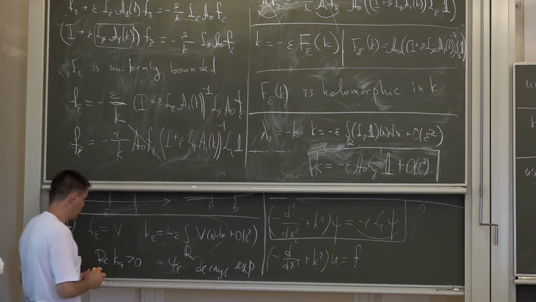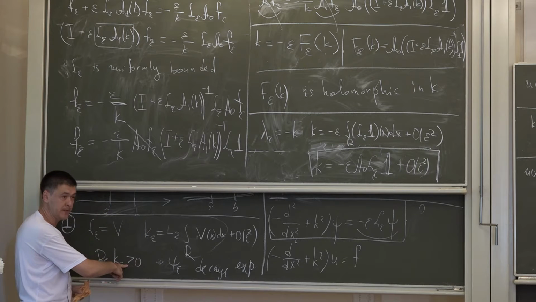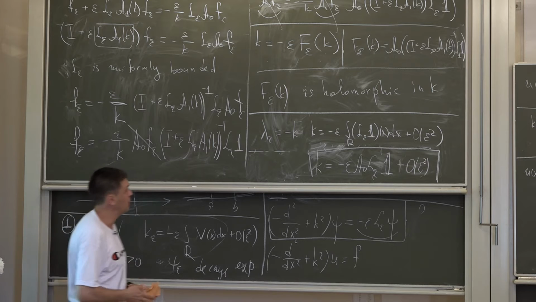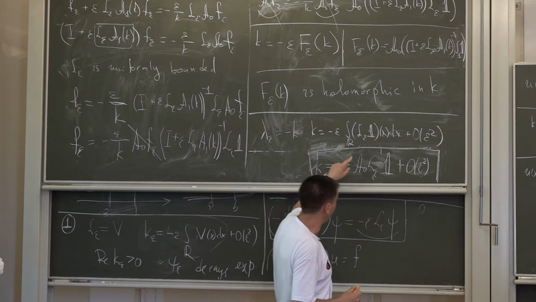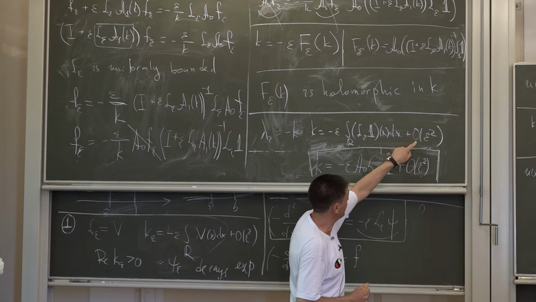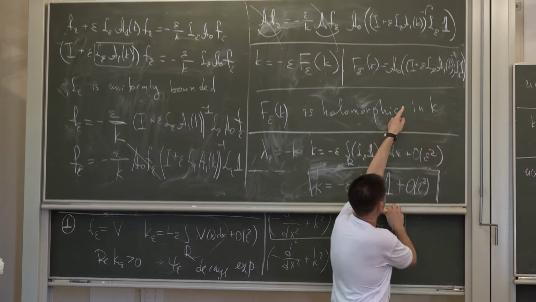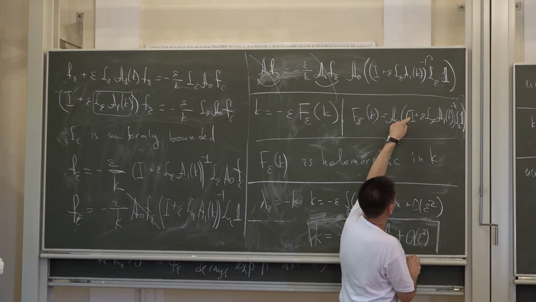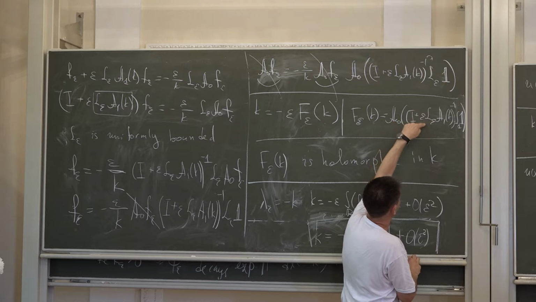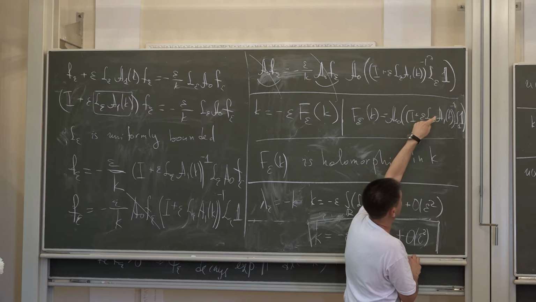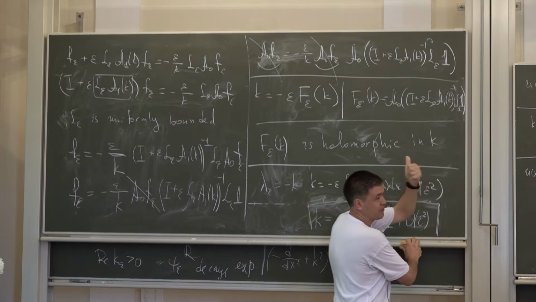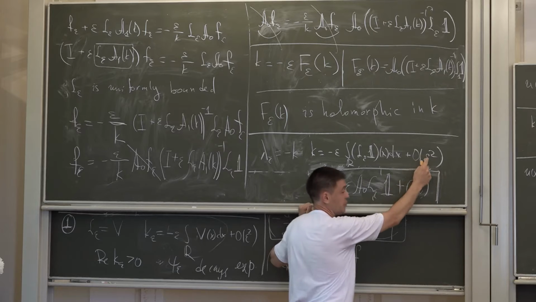It's also possible to deal with the case when the real part is 0. What one should do in this case is just to find the next term in this expansion. So when you write here the Neumann series, take not only one term, but also the next term, minus epsilon L epsilon A1. And then it's possible also to find the next term here.